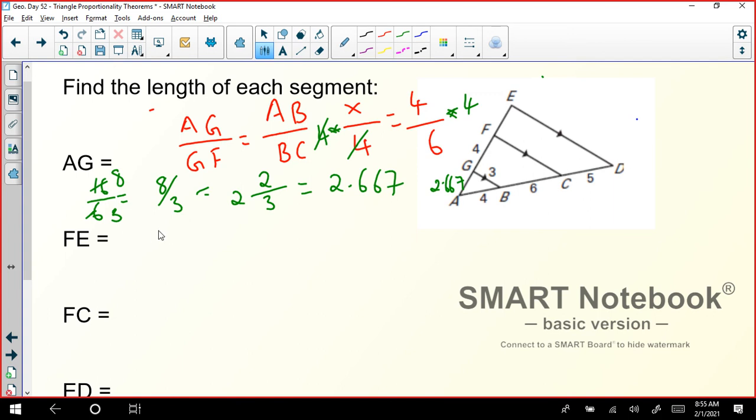So here I can say, using the triangle proportionality theorem, AF over FE will be equal to AC over CD. Substitute the value of AF. AF is going to be AG plus GF, which is 4 plus 2.667, which is 6.667.